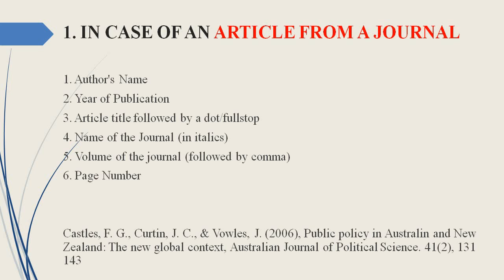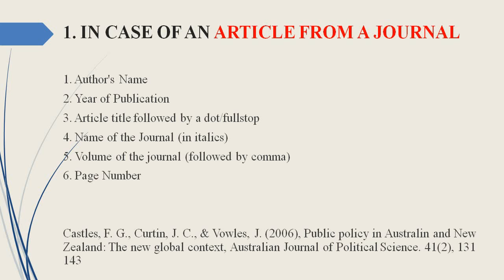It is very important to remember the name of the journal would always be in italics. Then the volume of the journal followed by a comma, and then the page number. So collect these six pieces of information and arrange them in this particular sequence, from 1 to 6, and then write it in full.